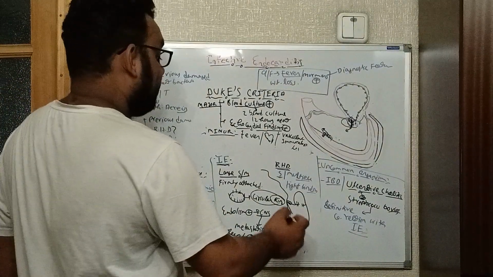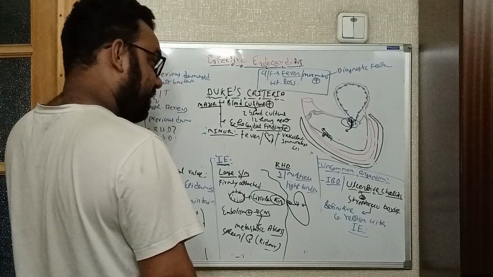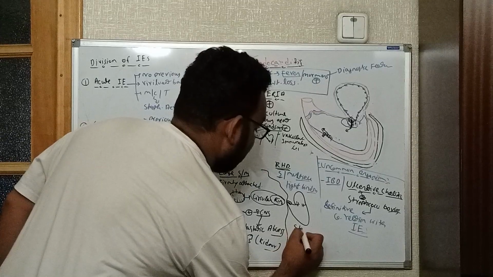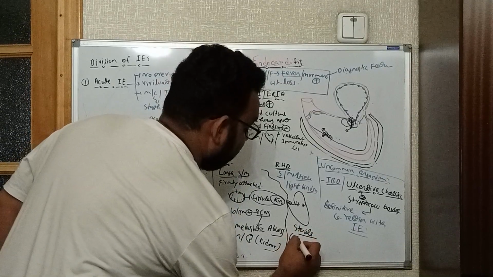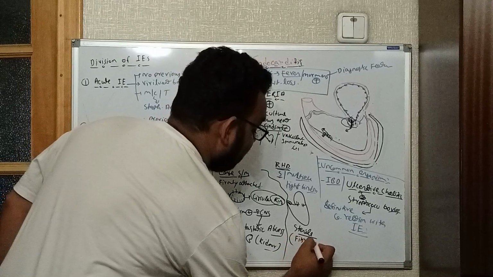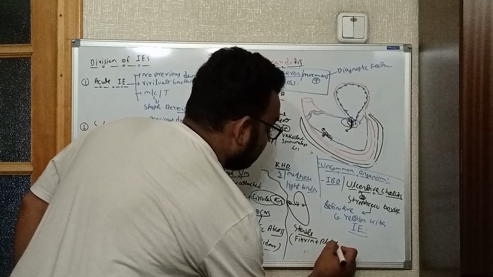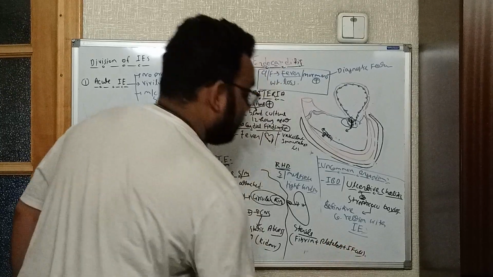Now, as we know, in rheumatic heart disease there is no microbial infiltration over here. So whatever vegetations form will be sterile. Sterile means we will get fibrin, platelets, and also inflammatory cells, like neutrophils and macrophages.